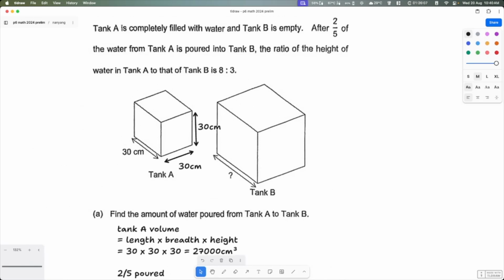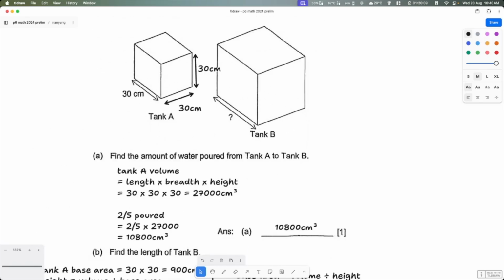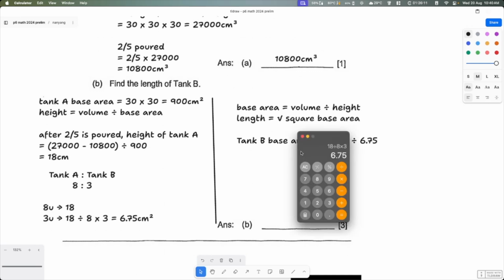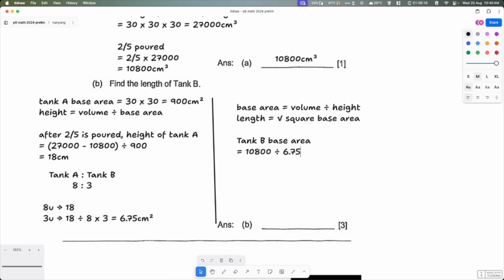10,800 divided by 6.75 will become 1600 centimeter square.